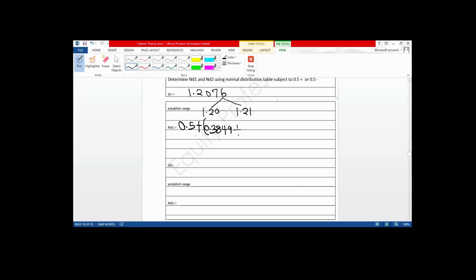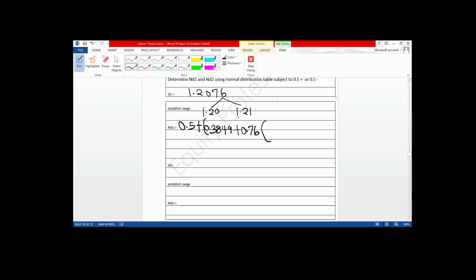0.3849 plus, you have checked 1.20. You are left with 0.07. That is the remaining number. Open another bracket.